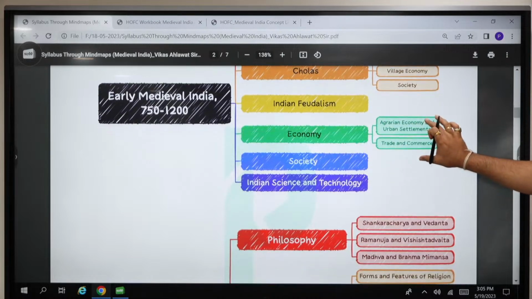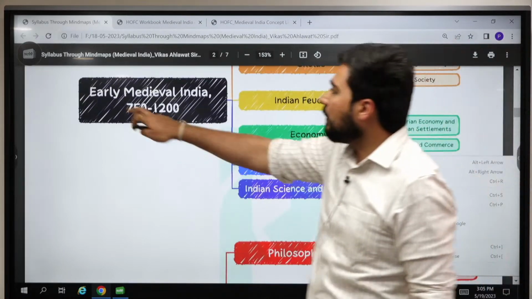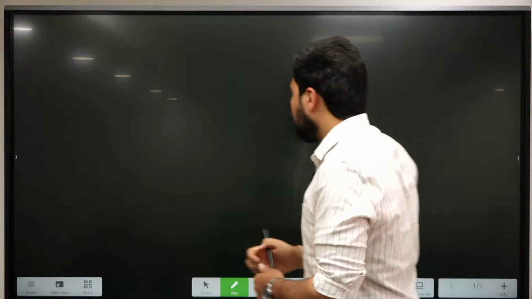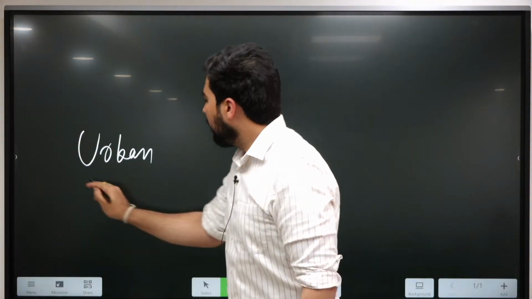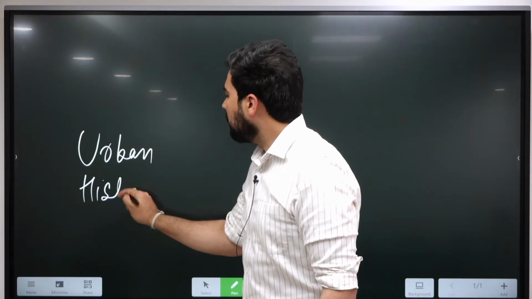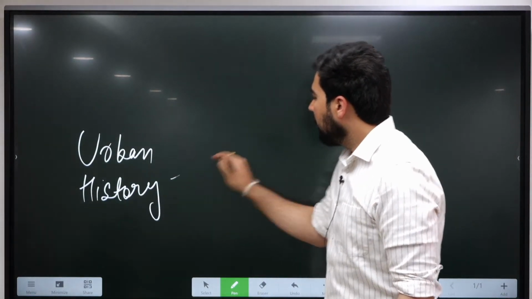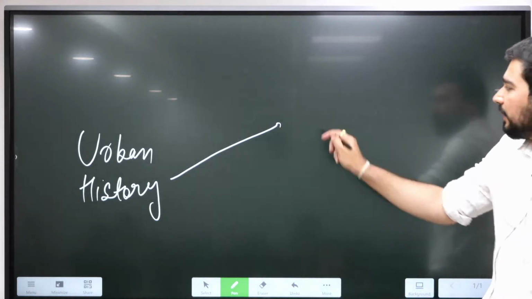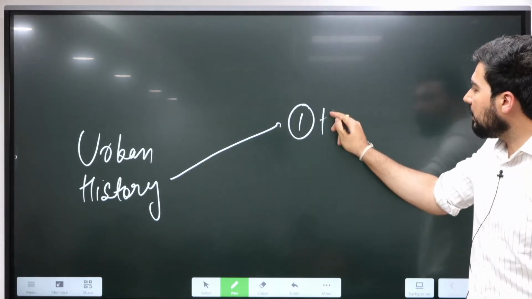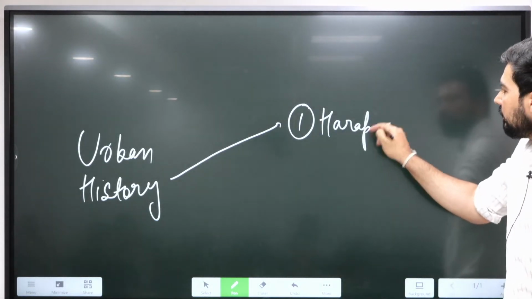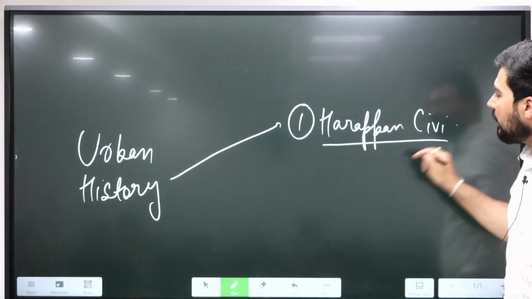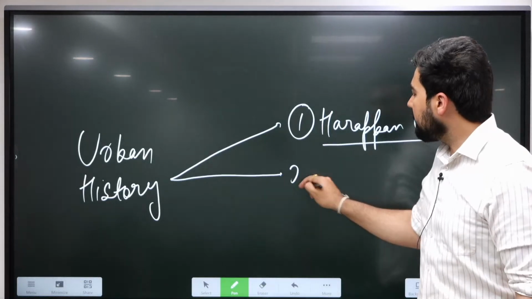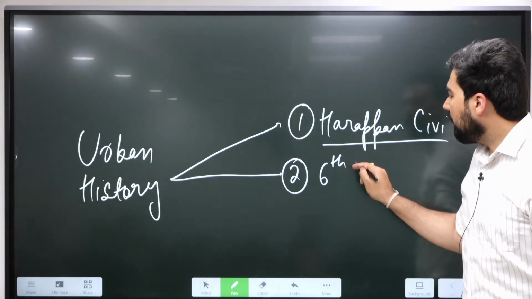Then urban settlements. Whenever we talk about urban history of India, it has 3 phases. The first phase, all of you are now aware of, it is Harappan civilization. Okay. The second phase, it begins in 6th century BC.